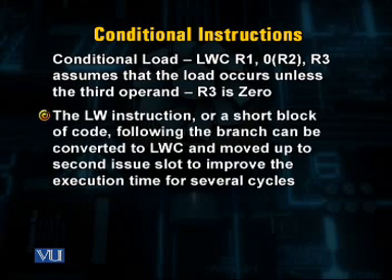In case of the load word instruction, it is either one word which is to be loaded, or it may be a short block of code which may be contained for this purpose, followed by the branch, can be converted to a load word conditional instruction, and it can be moved up to some higher issue slots to improve the execution for several cycles.